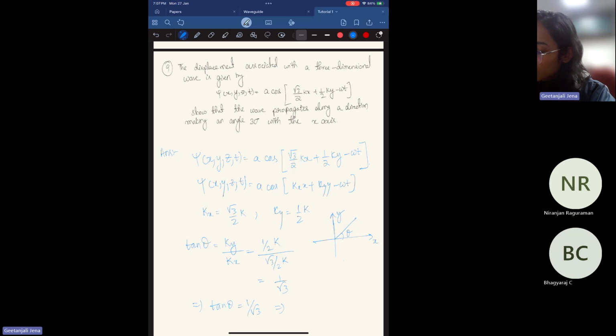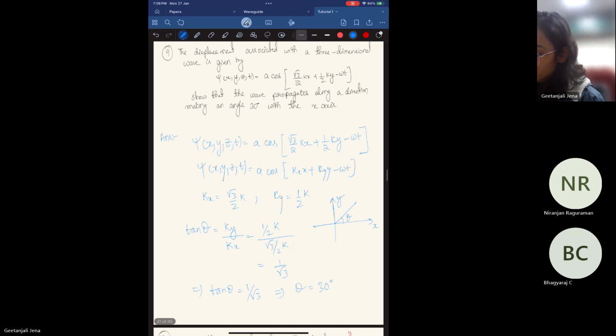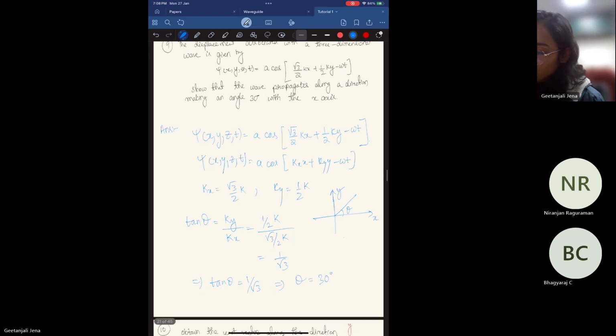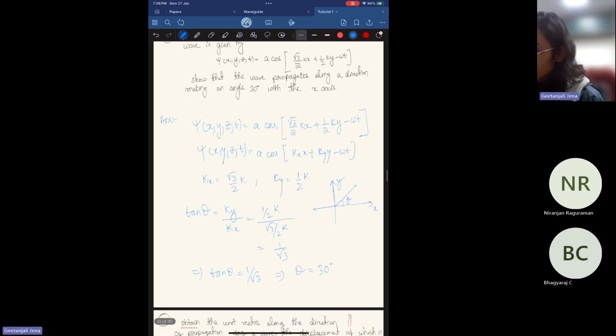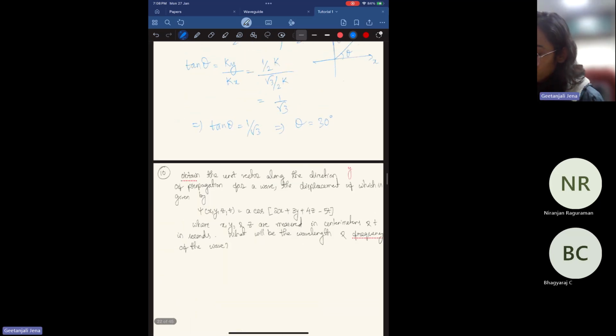That means theta here is 30 degree. Okay, so the wave travels by making an angle 30 degree with the x-axis. Do you have any question till now? Otherwise, we'll move to the next question.